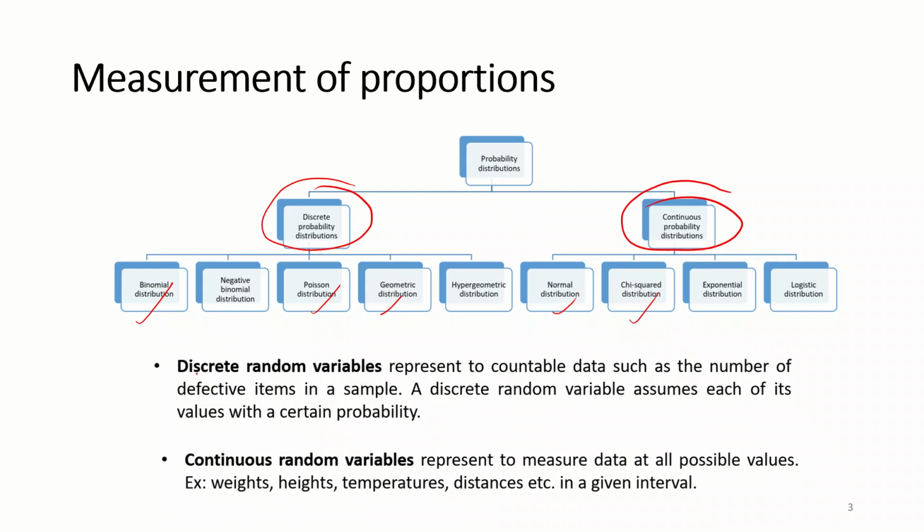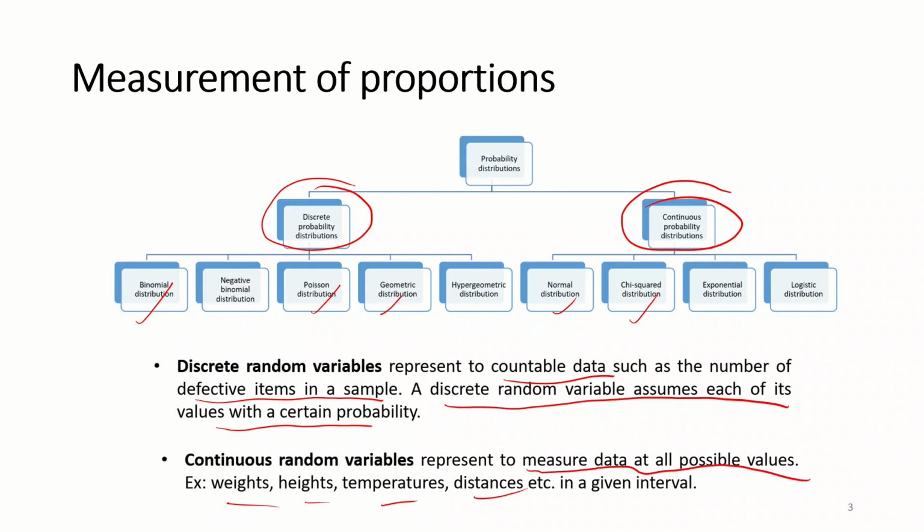Discrete random variables represent countable data, such as the number of defective items in a sample. A discrete random variable assumes each of its values with a certain probability. Continuous random variables represent the measure of data at all possible values, for example weights, heights, temperature, distance, etc. So that's the difference.